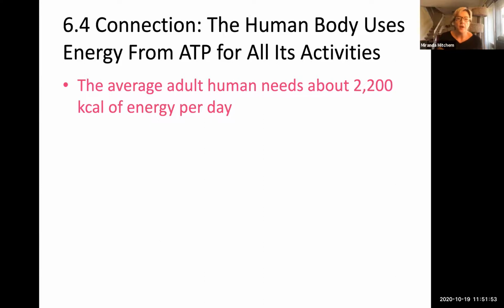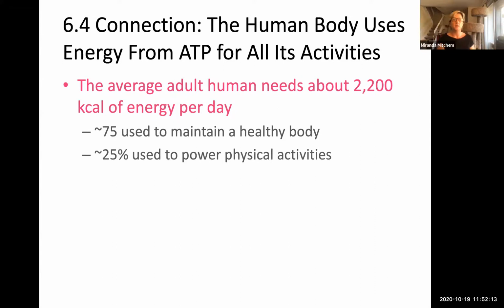The average adult needs about 2,200 kilocalories of energy per day to meet the demands of life. About 75% of that is used to maintain a healthy body, and 25% of it is used for our physical activities.